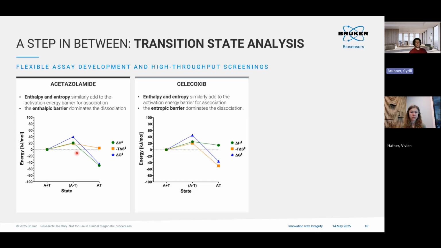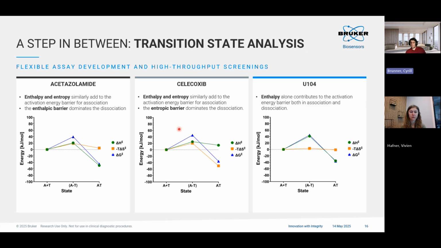Very differently, celecoxib, not surprising from the data that you saw before, is when you go from the complex to the transition state, so backwards basically, mostly entropically blocked. So the entropic component here is decisive. Whereas if you go from the free compound and the free protein to the transition state, both energies play in.